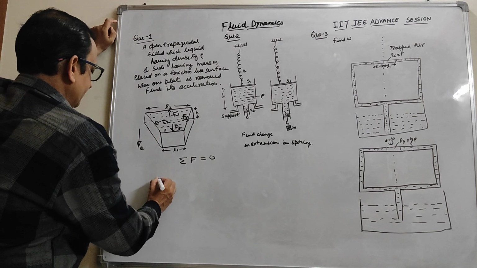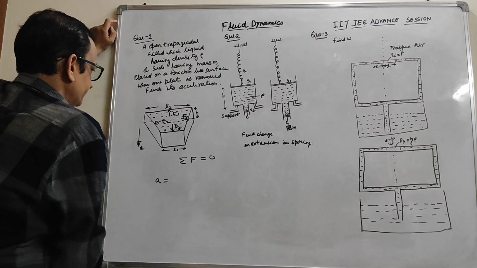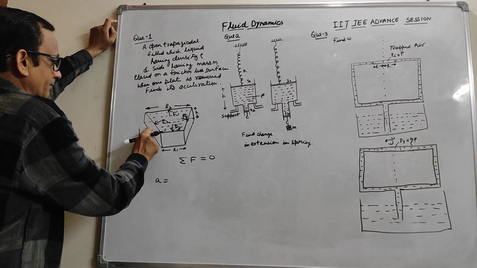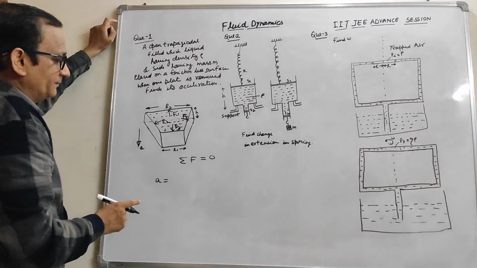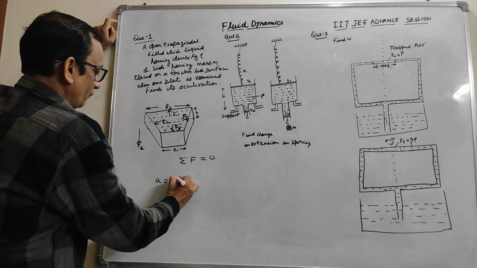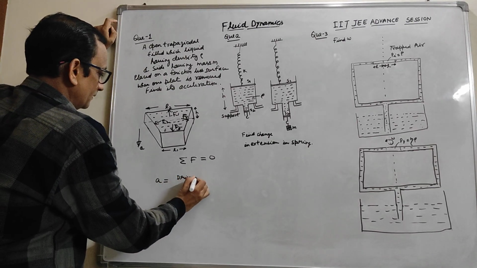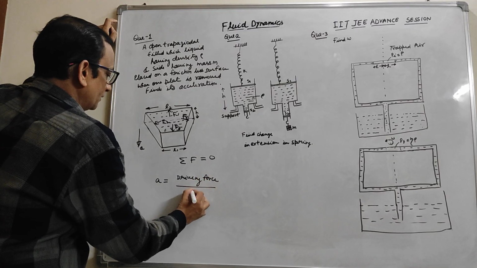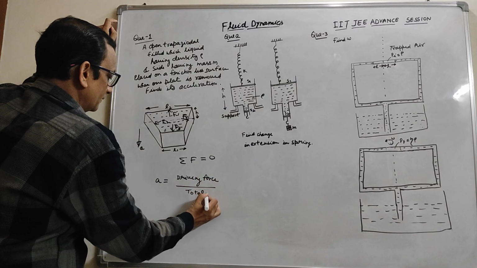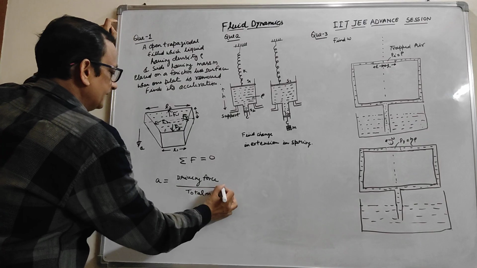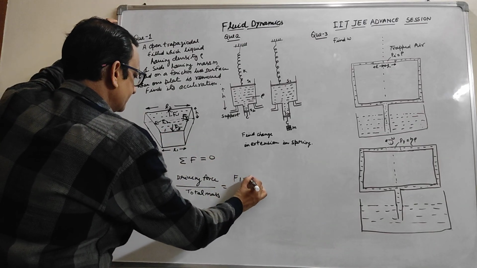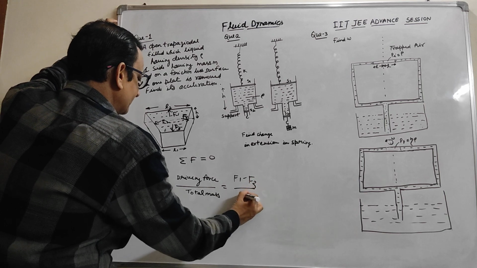The plate of mass m is removed, so the remaining mass becomes 3m. Acceleration would be driving force upon total mass. Here the driving force is F1 minus F3 and total mass is 3m.